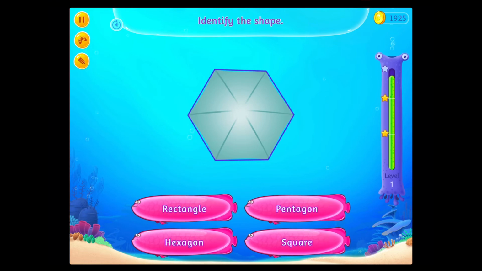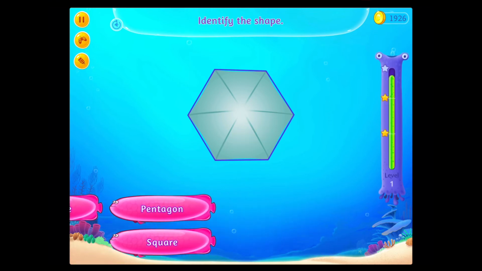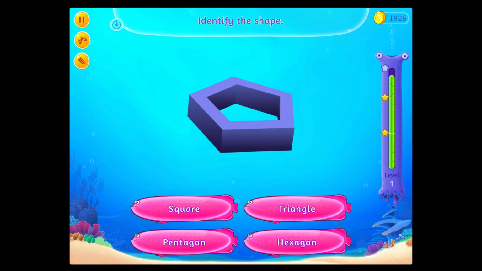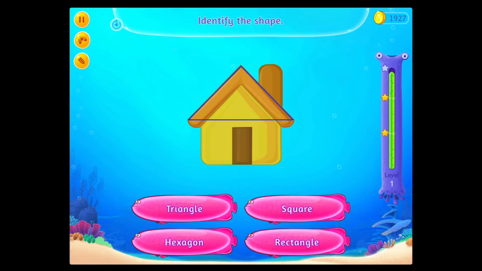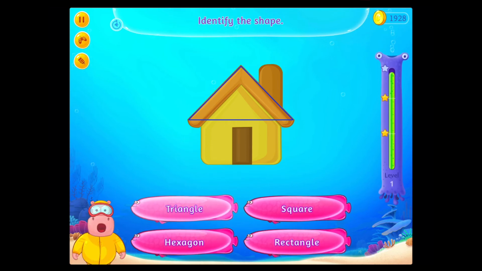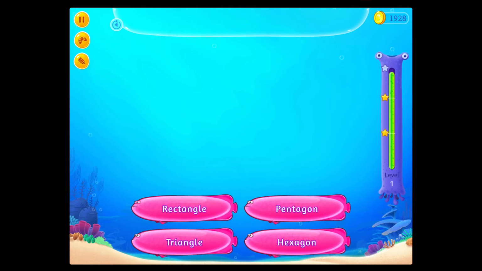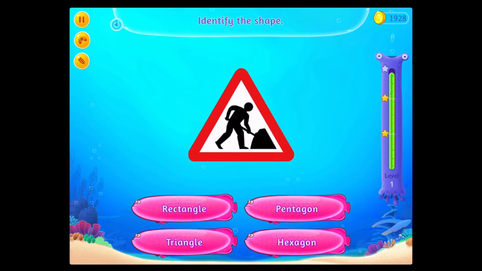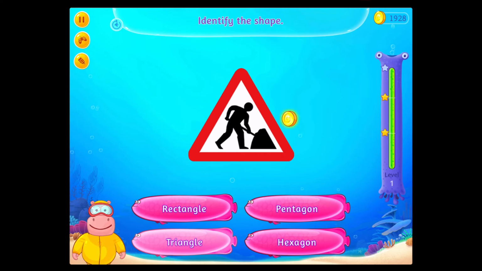Identify the shape. Awesome! Identify the shape. That's right! Identify the shape. Fabulous! Identify the shape. Congratulations! You've done it!